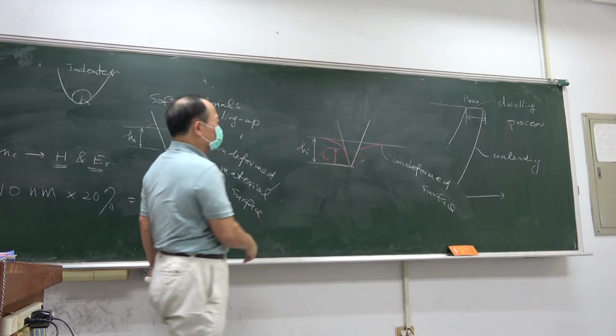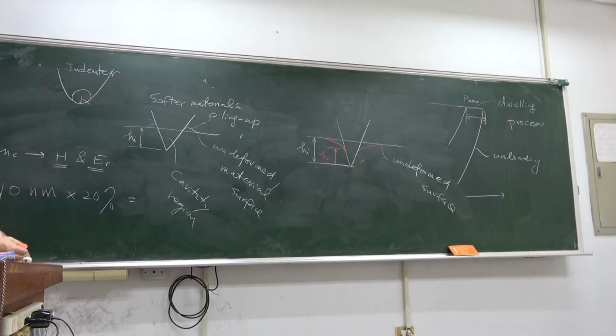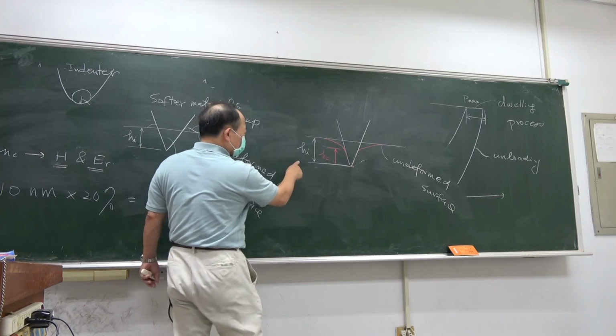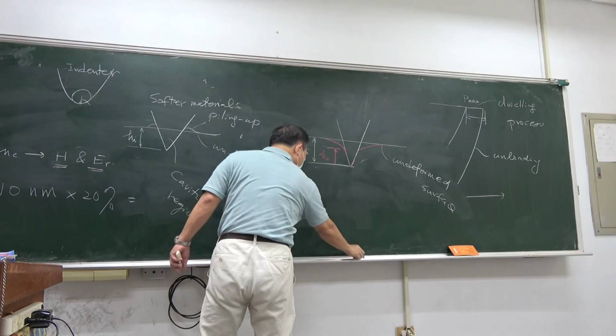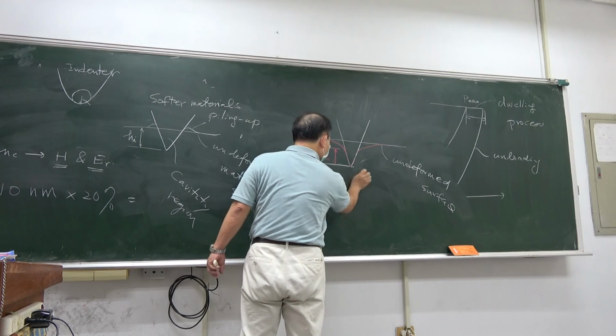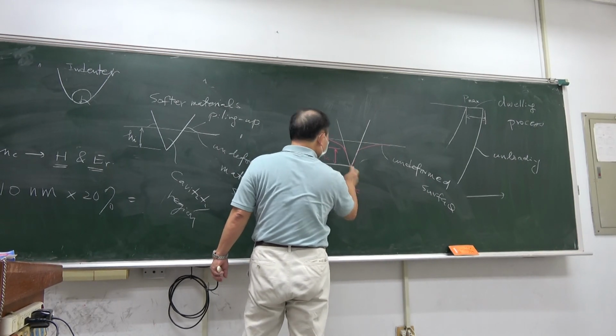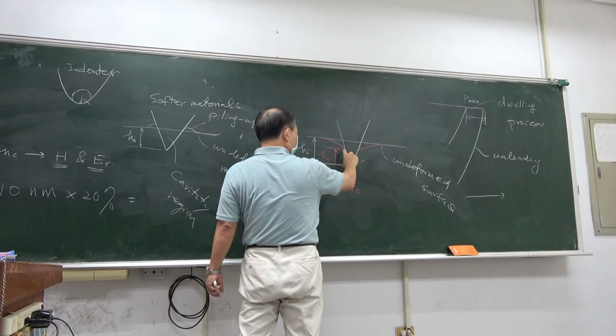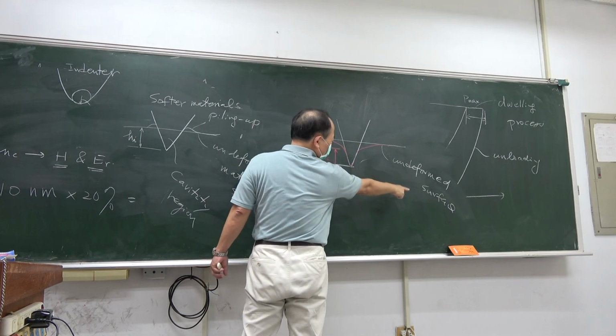This schematic diagram we have talked about many times, right? You will find that here your HI is larger than your HC. It means that your contact depth is beneath the undeformed surface.